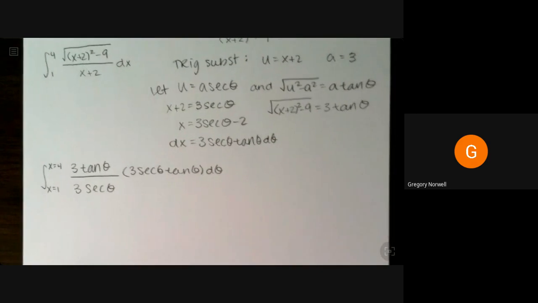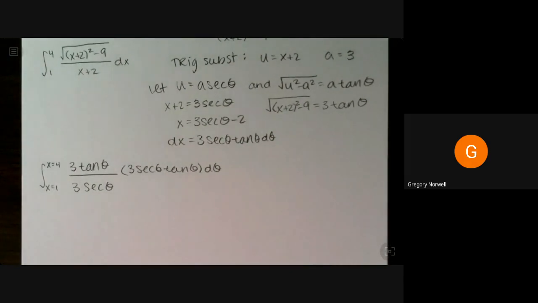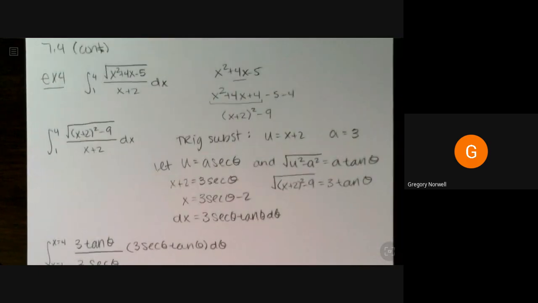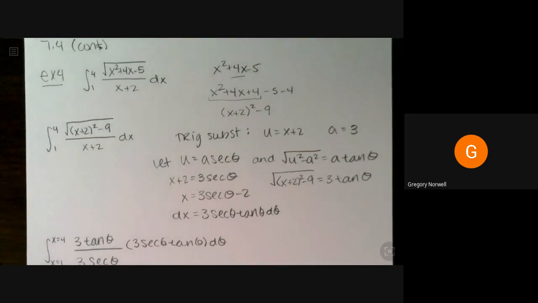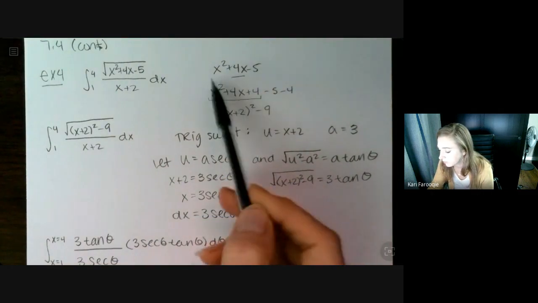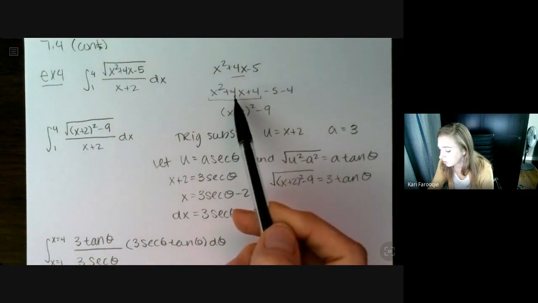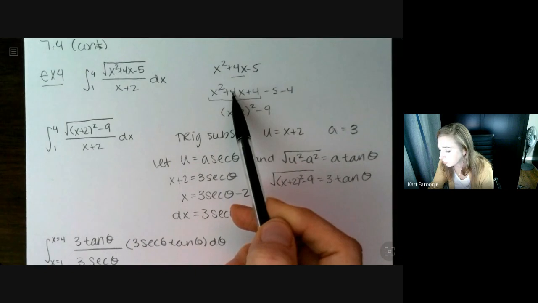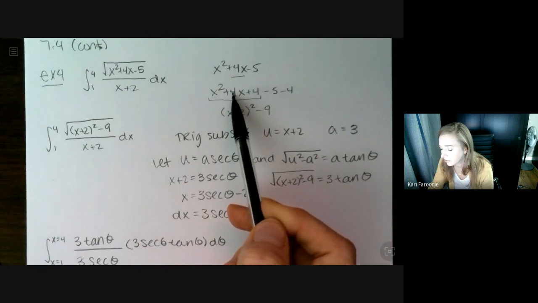I'm sorry, I kind of missed where you got the x plus 2 squared minus 9 from the original problem. Can you just go over that real quick? Oh yeah, so we started out with this quantity, right? And then to complete the square, you take half of the middle term, which is 4. I'm sorry, half of 4 is 2.